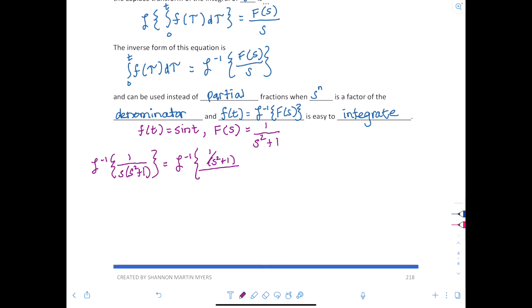And then you put that over the s. So we're just creatively rewriting that fraction, messing it up a little bit.